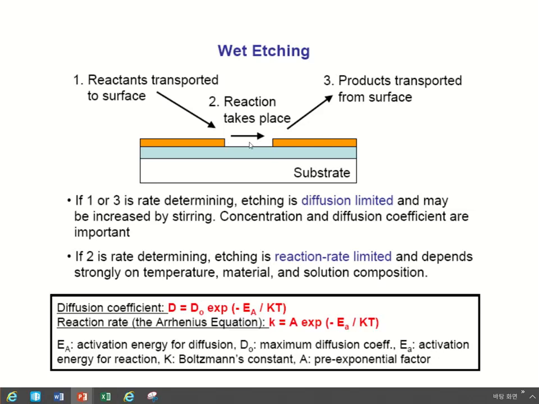After the reaction takes place, the product is transported away from the surface. This is just a natural process. If step 1 or 3 is rate determining, etching is diffusion limited, so it may be increased by stirring.